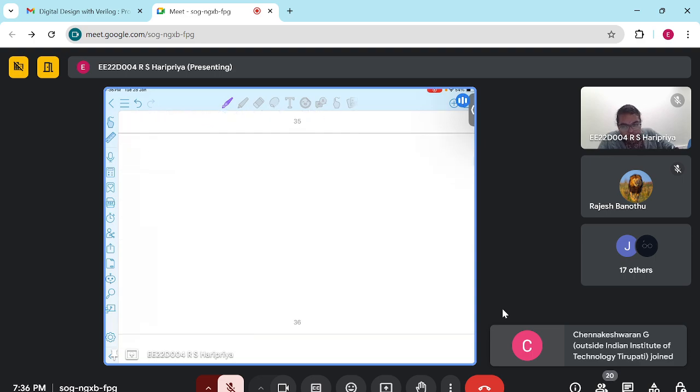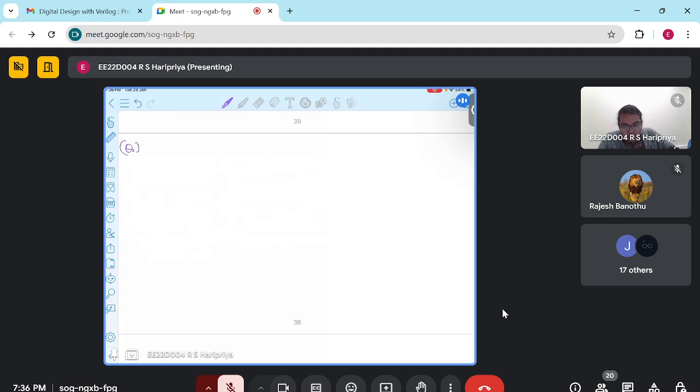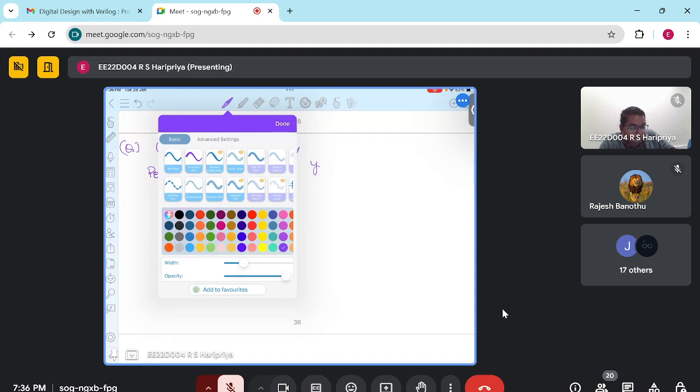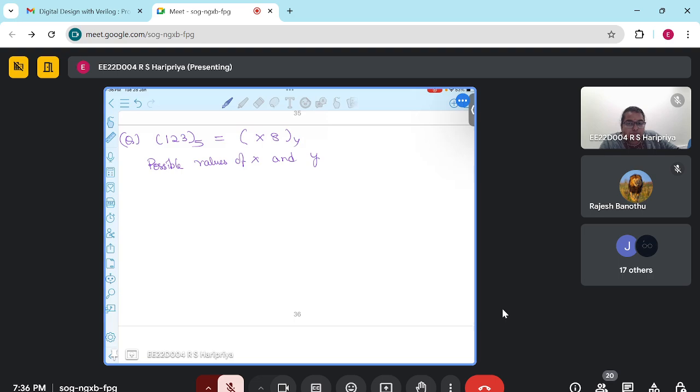So going to the next question. If this is in base 5, which is given as x8 in base 5, what are the possible values of x and y? So what will be the approach?